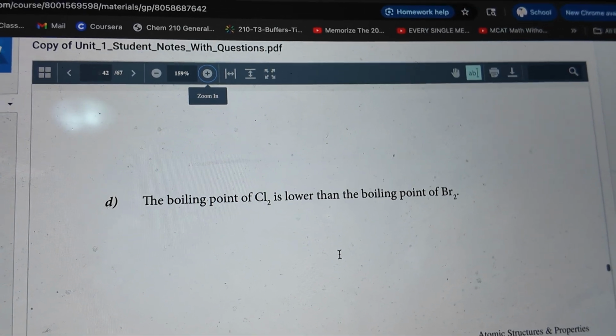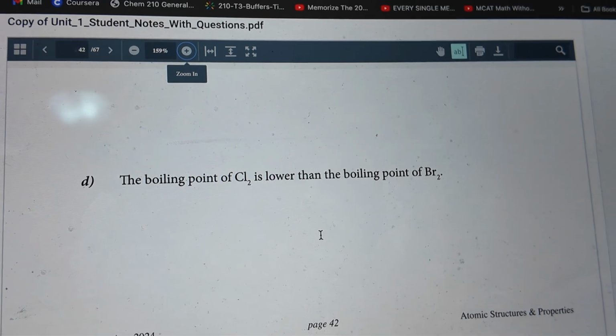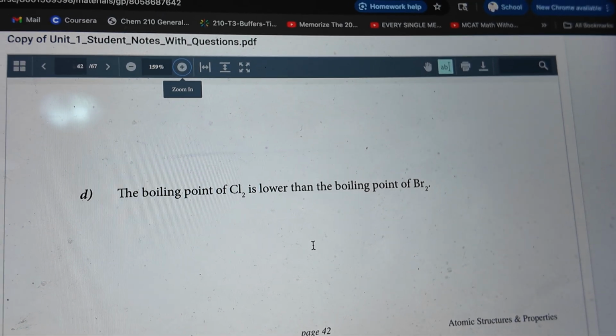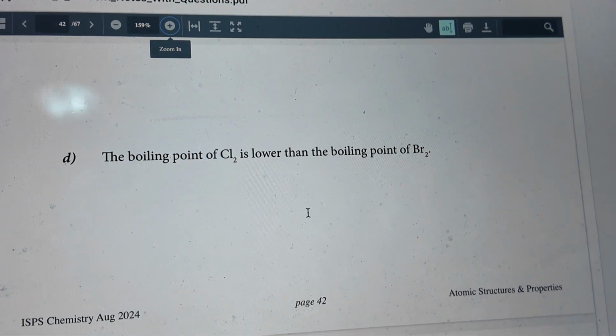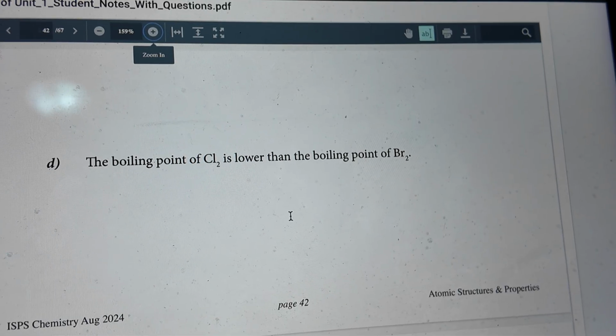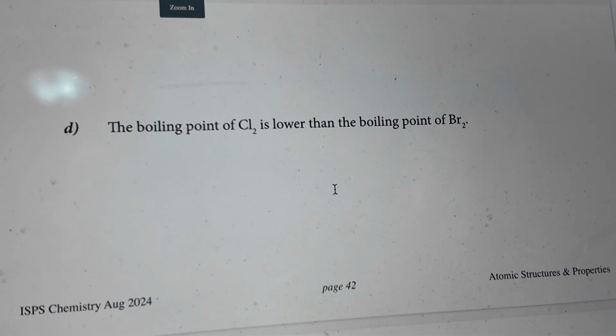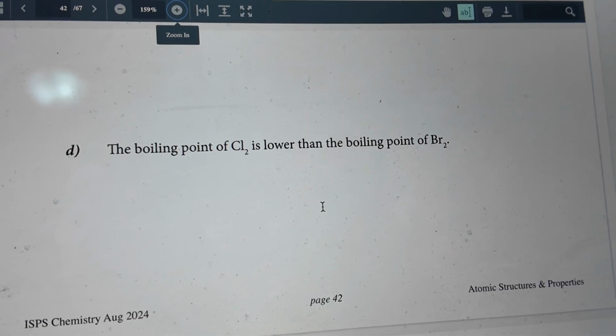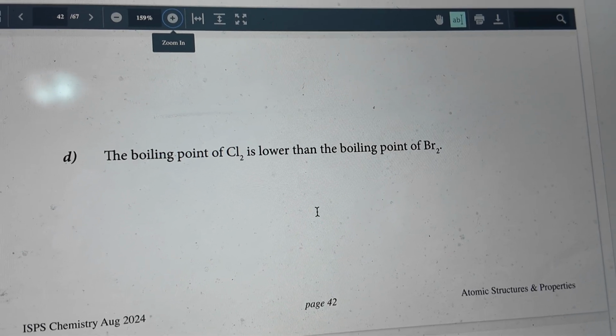Okay, the boiling point of Cl2 is lower than the boiling point of Br2. Since they're very similar, right? That just has to do with their London dispersion forces, which we learned last year, but I guess we'll have to re-jog our memories with that. Whichever one has the higher boiling point has the higher London dispersion forces.